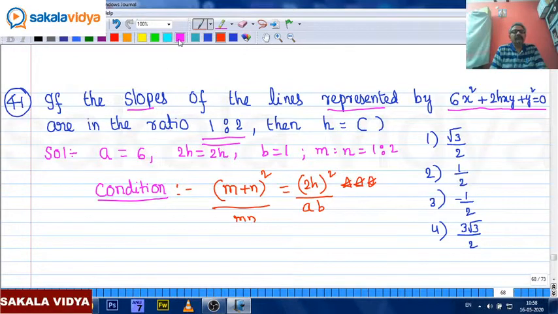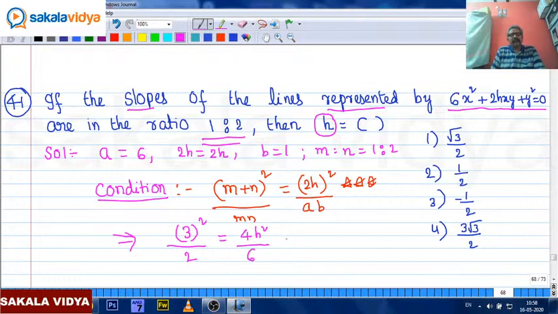So now, using this condition you need to find the h value. m plus n, 1 plus 2, 3, 3 square upon 1 into 2, that is 2. 2h means 2h only, that is 4h² now. ab means actually 6 into 1, 6. So now this can be written as 9/2 equals 4h²/6. Cancelling, 4h² equals 27.